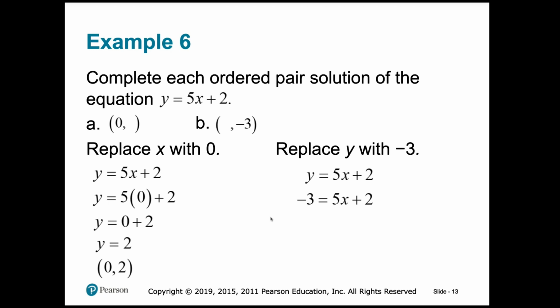So when I subtract 2 from both sides, I end up with negative 5 equals 5x. Now what's my next step? Divide. I'm going to divide. Negative 5 divided by positive 5 is negative 1. So x equals negative 1. My point is negative 1, negative 3.